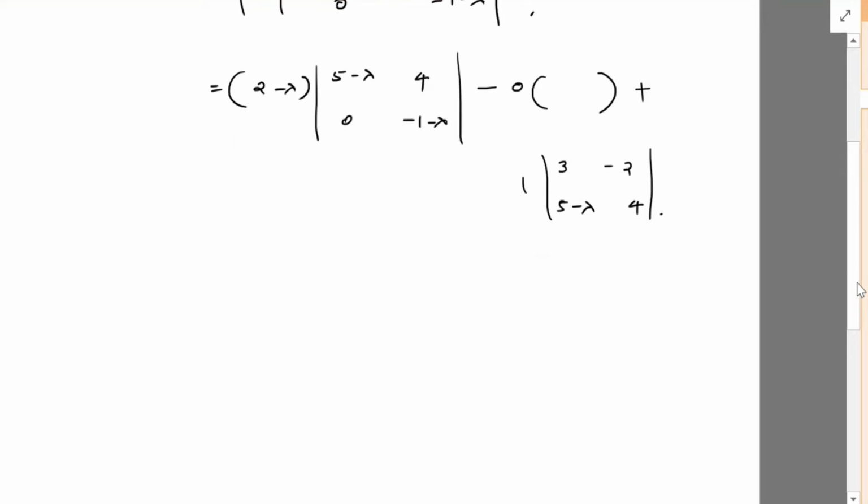So what will be the determinant? 2 minus lambda into 5 minus lambda into minus 1 minus lambda, minus 0.